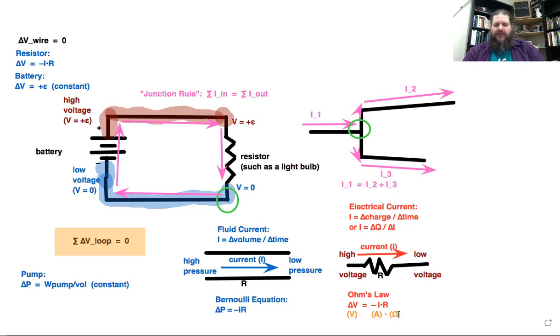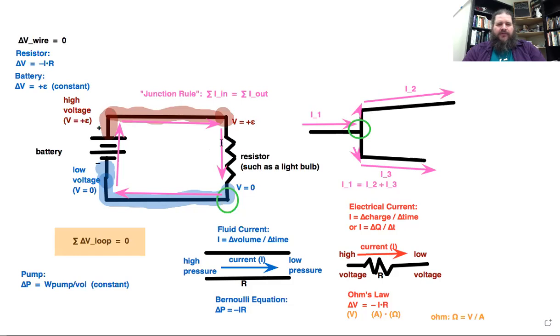So 1 ohm means 1 volt per amp. So it's ultimately just an abbreviation. Anytime you see ohm, the omega there, you can always replace it with volts over amps and vice versa. Volts over amps can always be replaced as ohms. And that's just the unit of resistance, how difficult it is for current to flow.